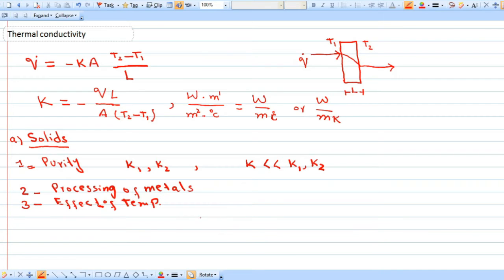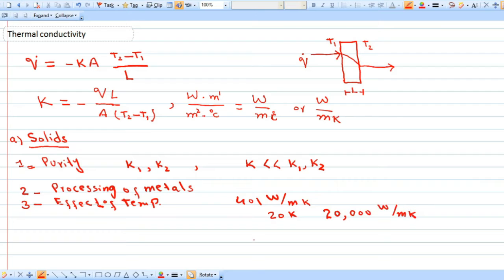For example, copper has a thermal conductivity of 401 watt per meter per Kelvin at room temperature. When we decrease the temperature of the copper down to 20 degree Kelvin, then thermal conductivity will increase up to 20,000 watts per meter per Kelvin.